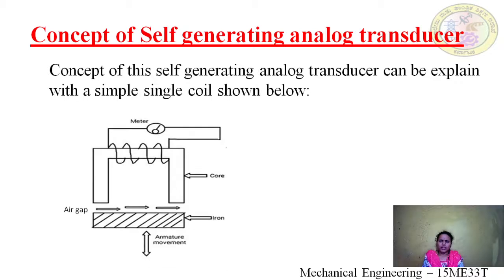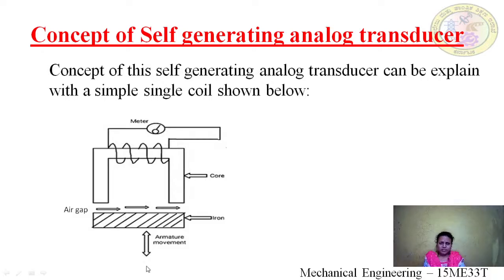Now let's see the concept of the self-generating analog transducer. I would like to explain it with one simple diagram. Here we have a magnetic material connected to an electrical circuit. At the bottom of this magnetic material, we have another magnetic material which acts as an armature. This armature is connected to the mechanical element which has to be measured.